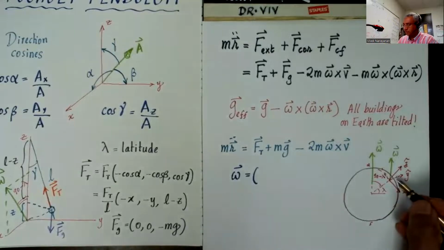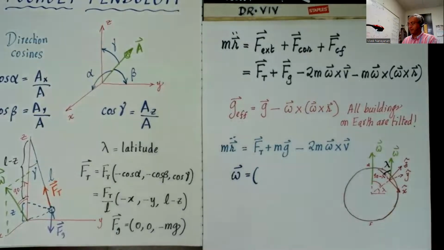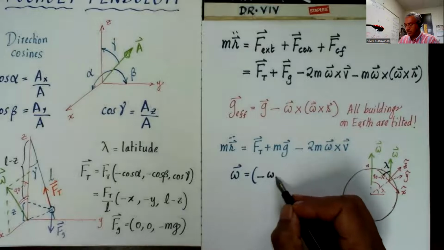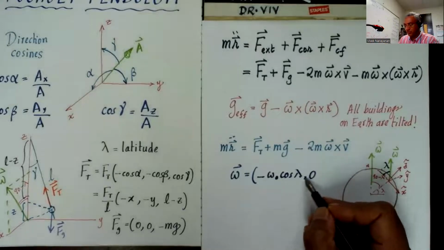That's lambda. So this is going to be also, that's going to be 90 minus lambda. So this is going to be lambda. So the x component is negative omega naught cosine lambda. Y component is 0.